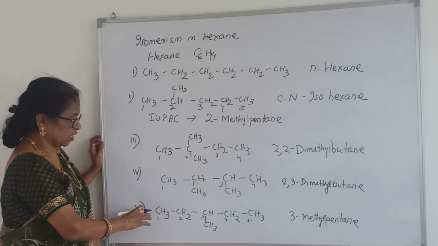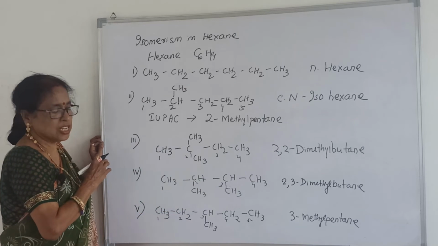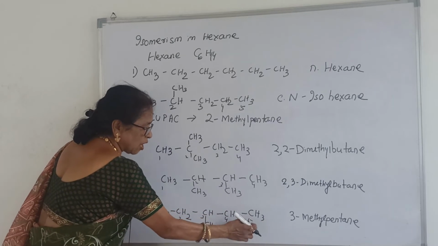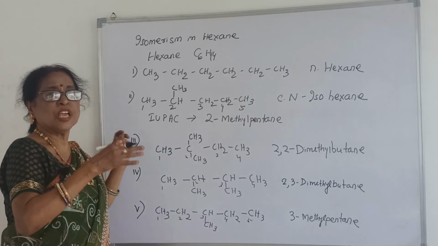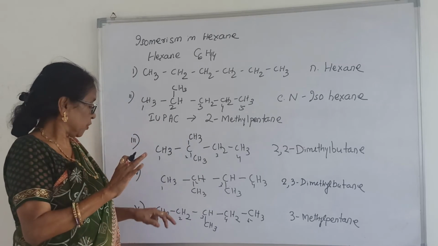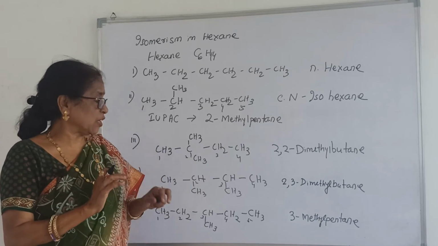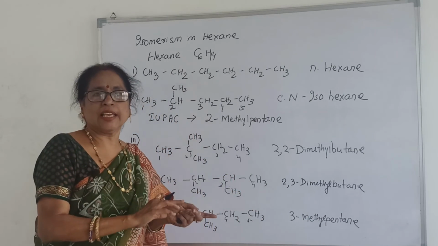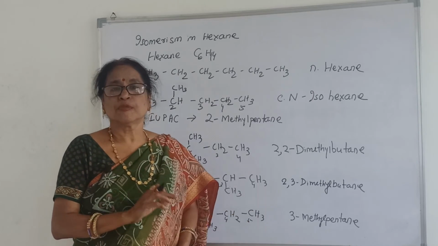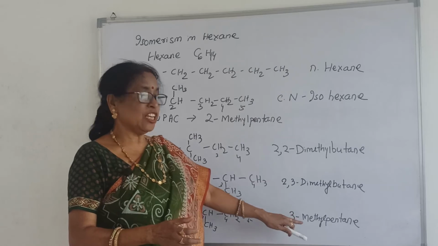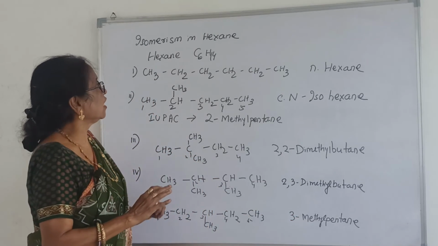And here in this one, the long chain is 5 carbon. If you count this side 1, 2, 3, and if you count the other side 1, 2, 3, both sides are the same; you can count left side or right side, both are correct. So 3 position methyl, what is the name? 3-methylpentane, 3 hyphen methylpentane. In methyl, M is small. I hope it is clear.